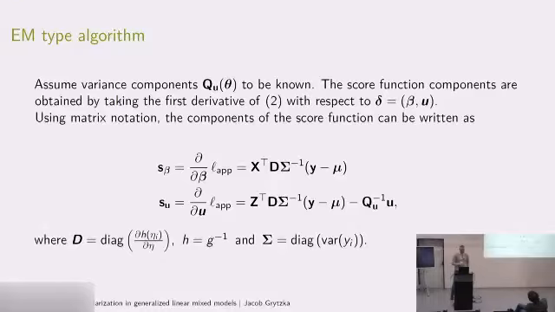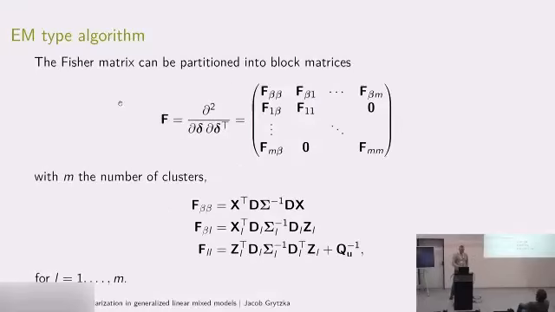With some things here, the derivative of the link function is in the D matrix, and then we have the variances in the sigma matrix. And we also need the Fisher matrix here, and we have the upper left part for the fixed effects, and then the other parts for the random effects and some mixed parts as well.